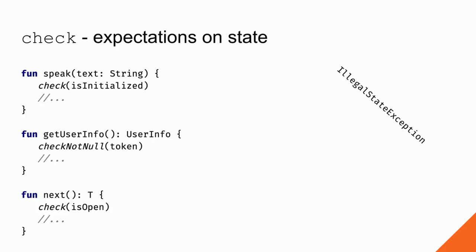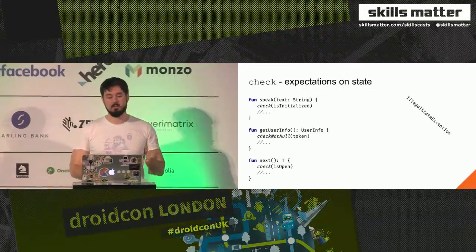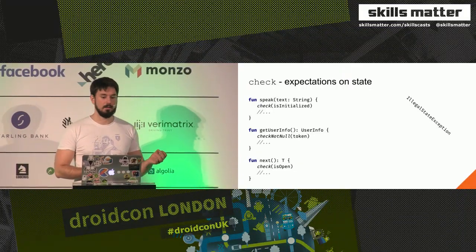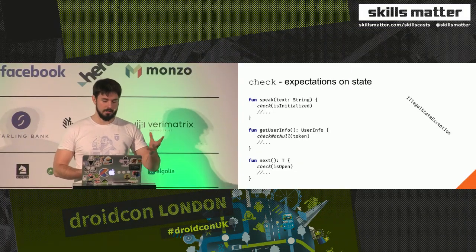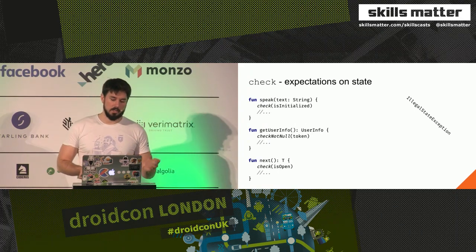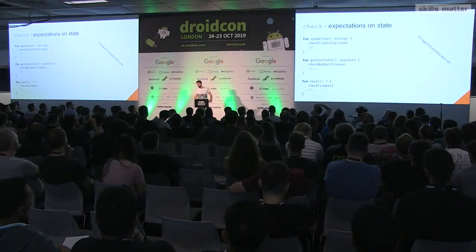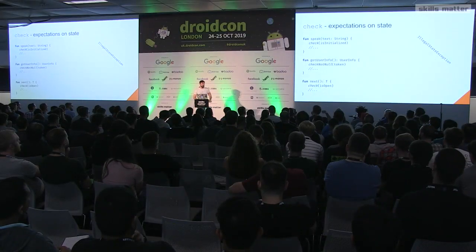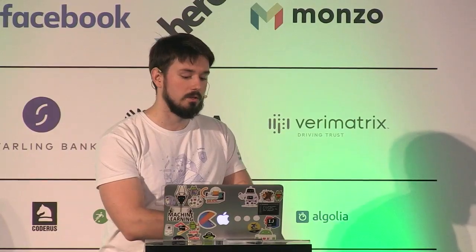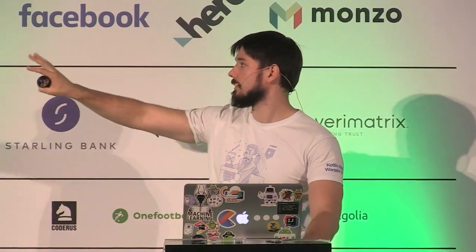When we ask to speak, we can check if our service is initialized. When we ask for info, we might check if the user has a token. When we ask for the next element, we might check if a collection or a repository is open. Those are expectations specified in our documentation, and here we are checking if they are met.